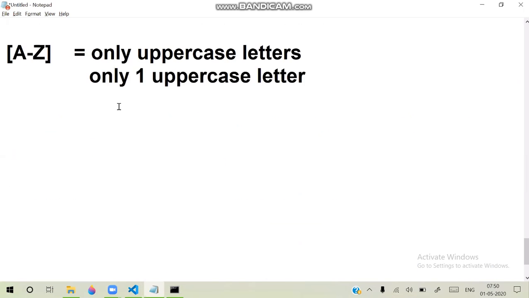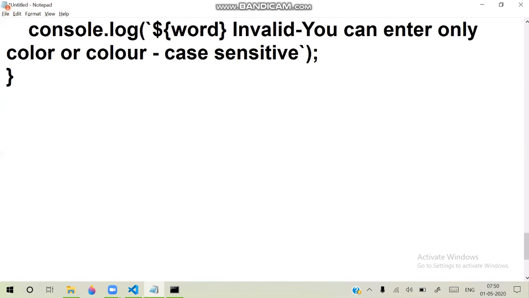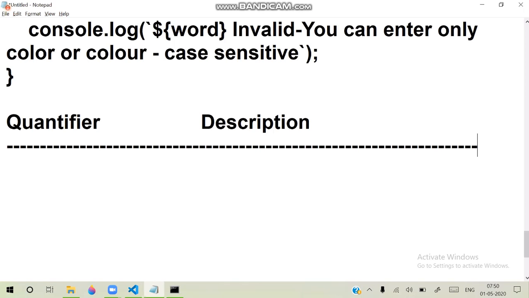Then how do we define the quantity? A quantifier is used to define the quantity. That means we need quantifiers also in a regular expression. What are the quantifiers? Quantifiers are usually written in curly braces, and n refers to a number.